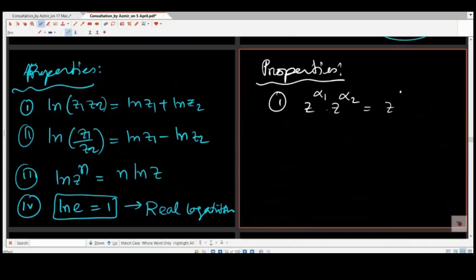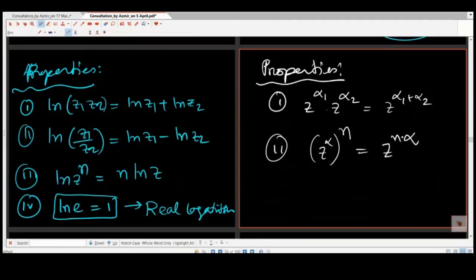We can write z to the alpha 1 plus alpha 2. If we have z to the alpha power n, we can write z to the n alpha, where n is any integer. So these properties are helpful.